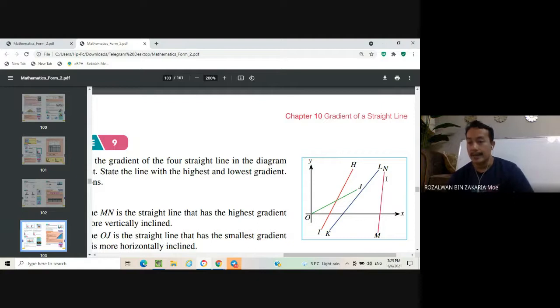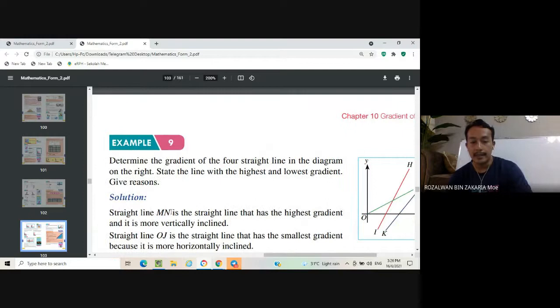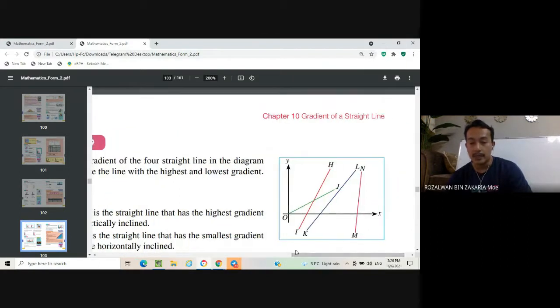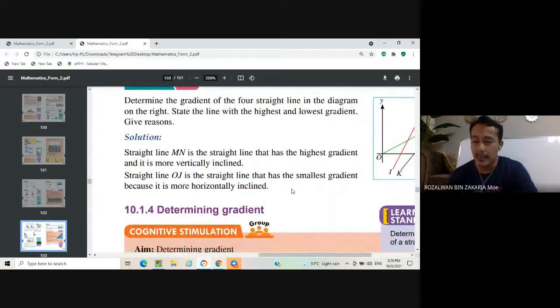So line MN has a greater gradient compared to the other lines. It is more vertically inclined. The straight line OJ is the straight line that has the smallest gradient because it is more horizontally inclined.